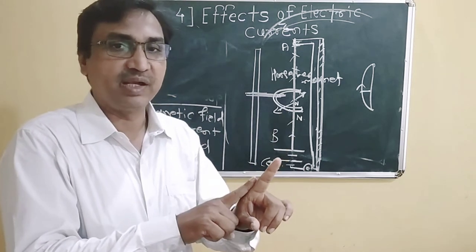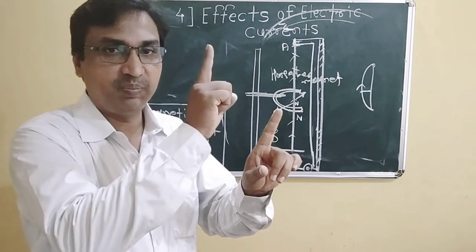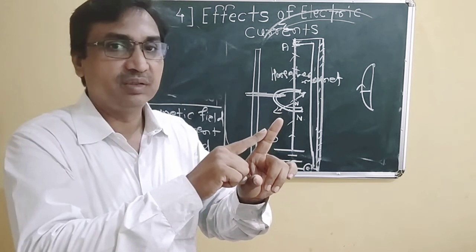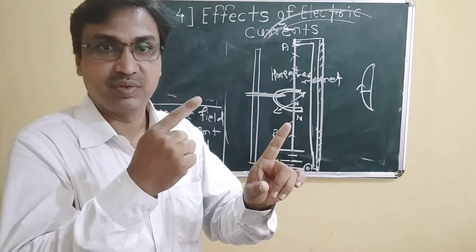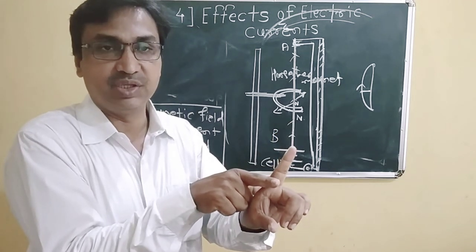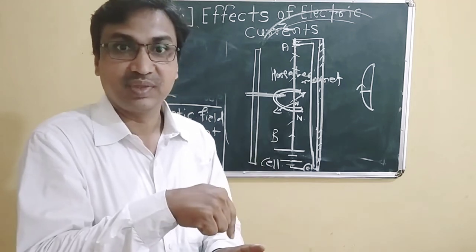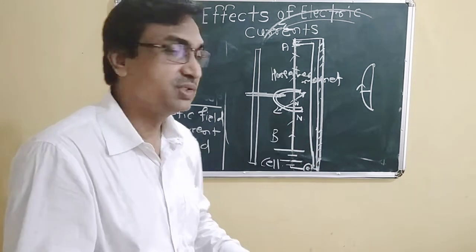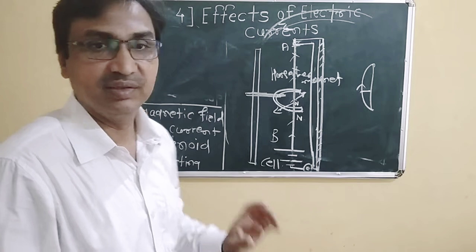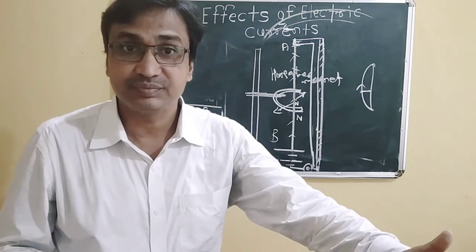One parameter is the electric current passing through the conductor. Due to that, a magnetic field is produced, and due to that, it experiences a force when it is placed in another magnetic field.